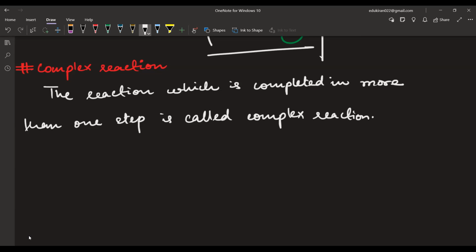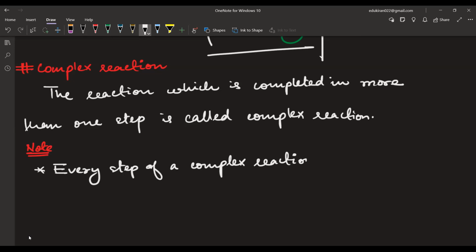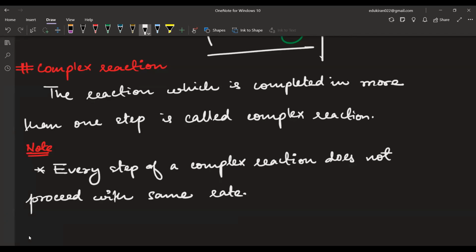Now write a note. Every step of a complex reaction does not proceed with the same rate.